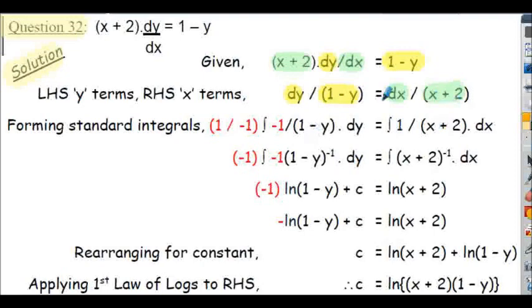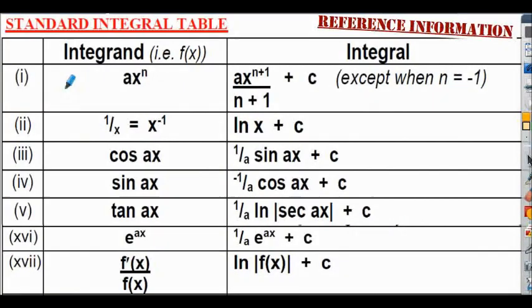Now both sides are actually standard form, and they're of the same standard form. Referring to our standard integral tables, it will be this standard form shown here, where if the numerator is the first differential of the denominator, we can simply write the solution down as ln function of x plus c.